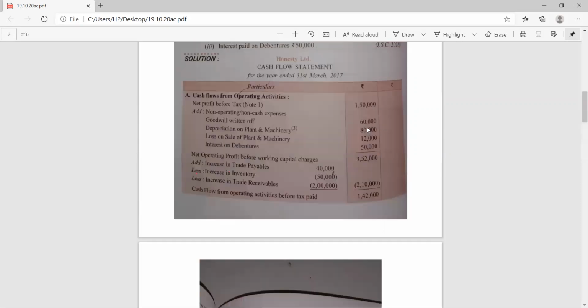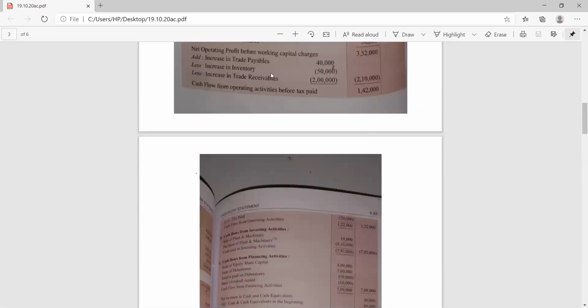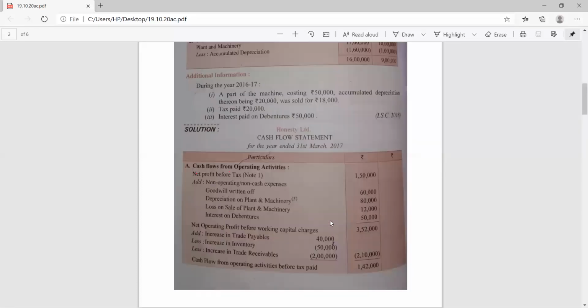See, here the tax paid is shown while calculating the cash flow from operating activities. In this way we have to do. So we start the question with net profit before tax.